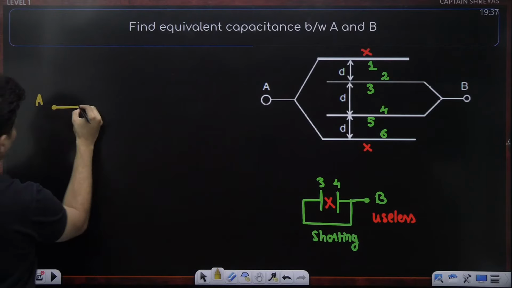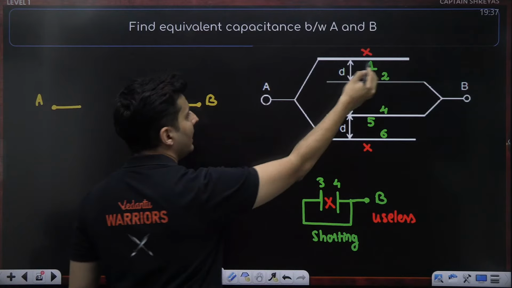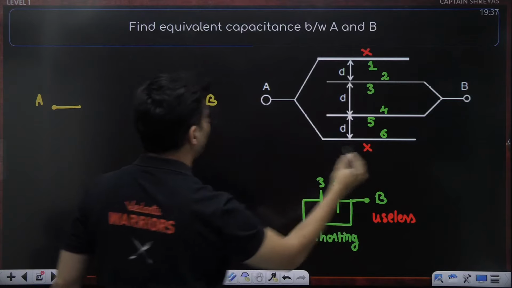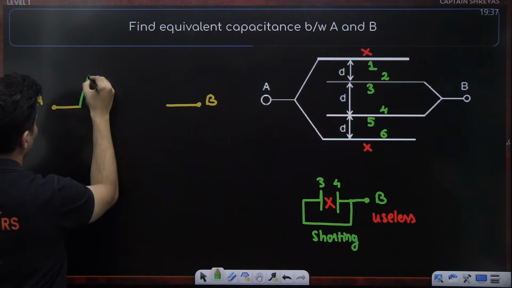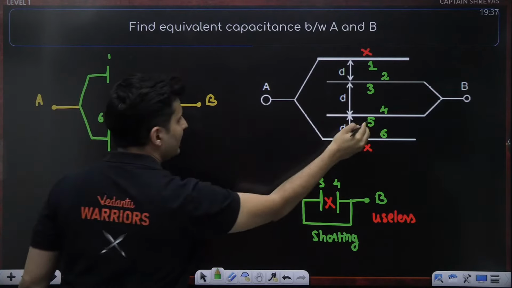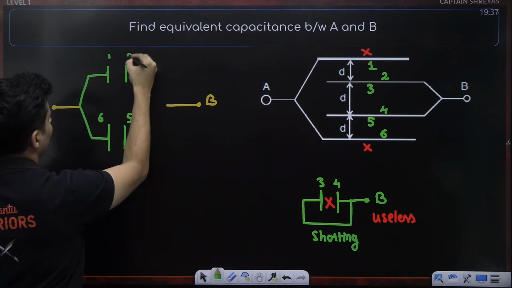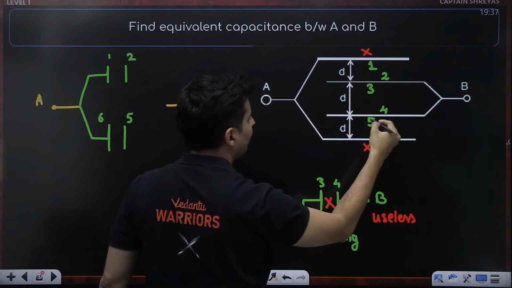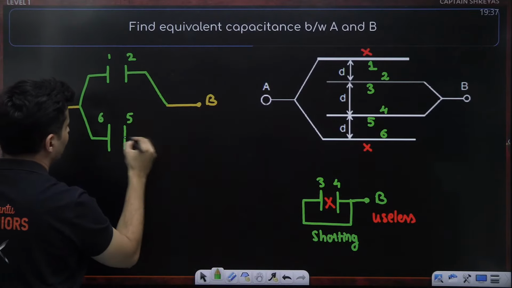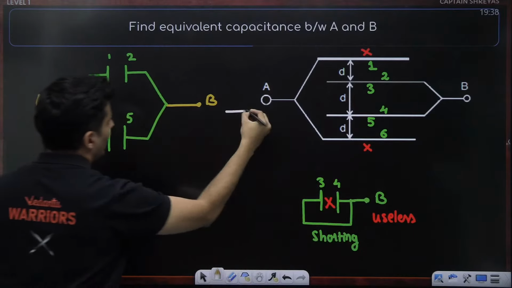Point A somewhere, and here it is point B. A is connected directly to 1 as well as 6. Opposite 6 we have 5 and opposite 1 we have 2. 2 and 5 both are connected to B. So they both are definitely now in parallel.